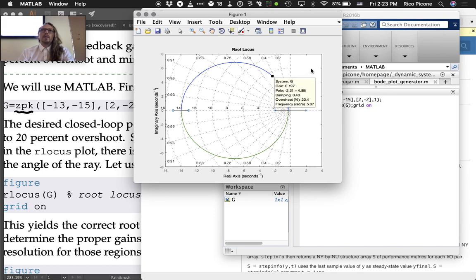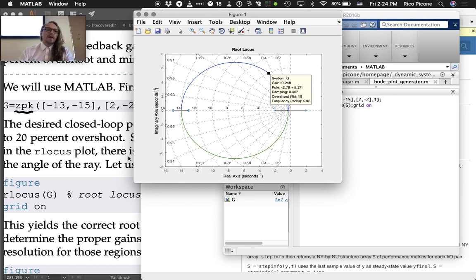Okay, it's 22.4% overshoot there, 19% overshoot here. So between these 2 points somewhere is the 20% overshoot line that we're aiming for, right? So there are a couple ways to go about doing this. Probably we could just choose this gain of 19% overshoot, pretty close, and go from there.